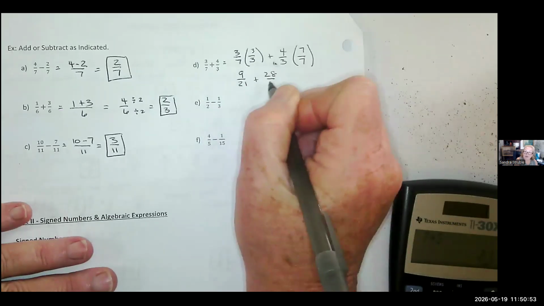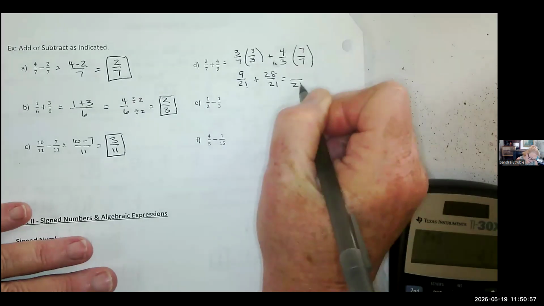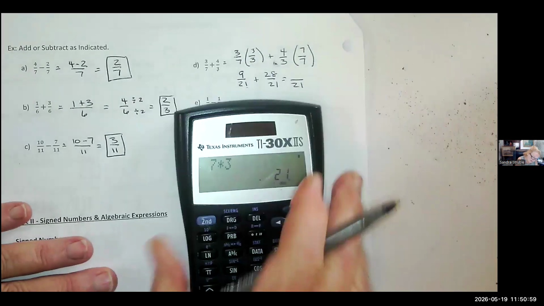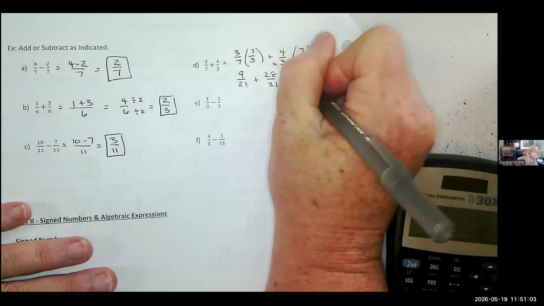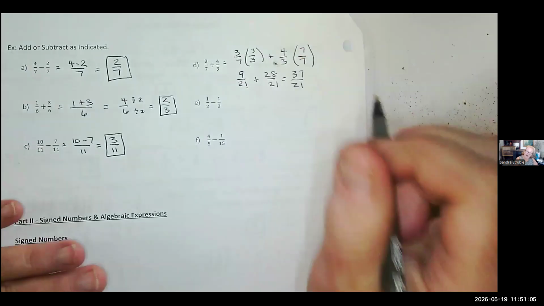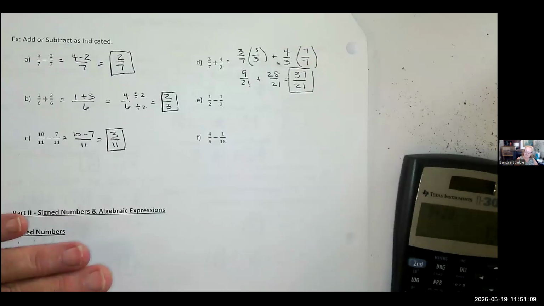Now that the denominators are the same, we can add the numerators. 9 plus 28 is 37. Now, this does not reduce. I'm going to come back and we'll find the mixed number for that. All right, we'll do that after we finish these last two. Let's get this habit going first.